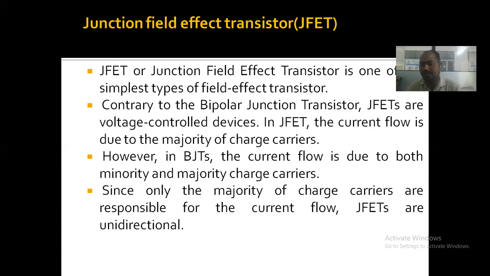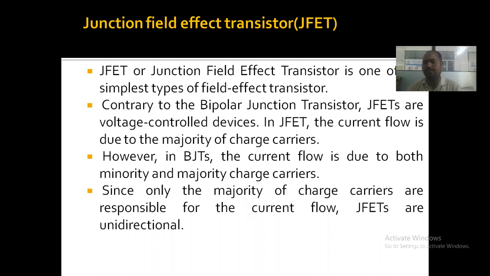BJT is a current controlled device, and BJT uses both majority as well as minority charge carriers. Current conduction takes place due to both electrons as well as holes in the BJT.